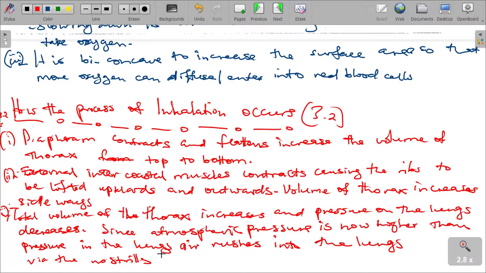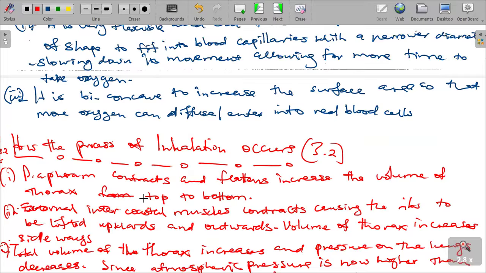So what happens is a variation in the volume of air: the atmospheric pressure is now higher than the pressure in the lungs. Therefore, air moves from the high pressure into the low pressure, which is into the lungs via the nostrils or the air passages. That's how the process of inhalation takes place.